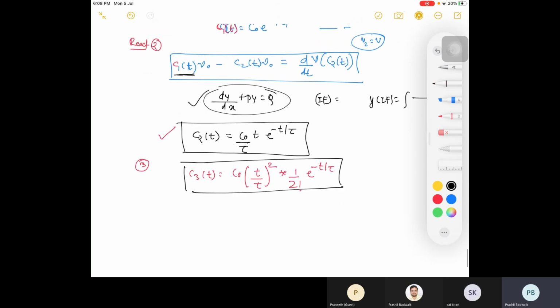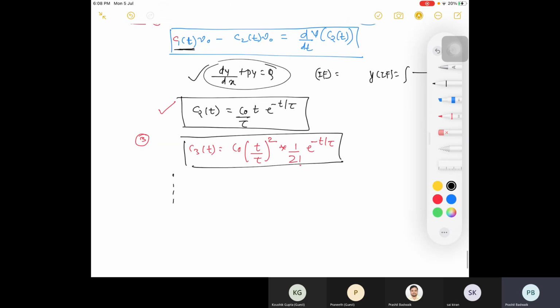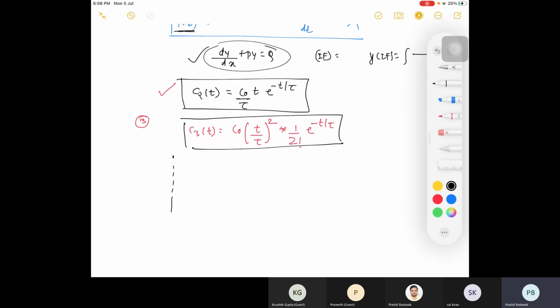So when you do such a balance for n number of reactors, you will get one equation. You don't need to remember it.